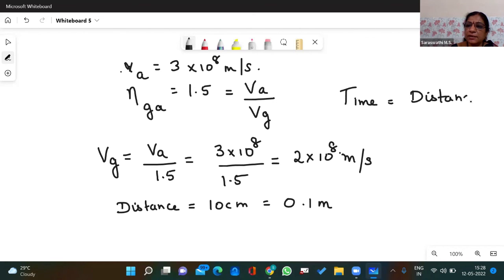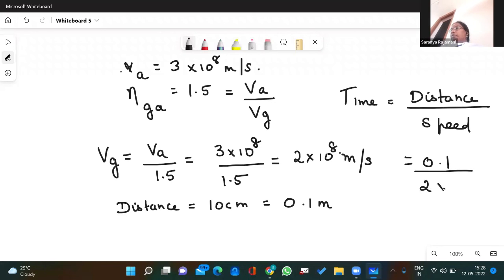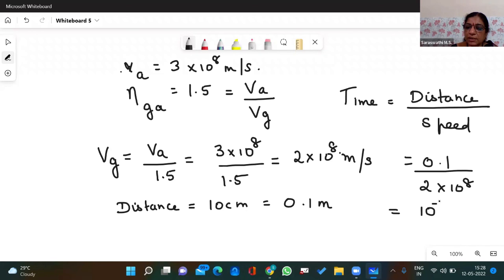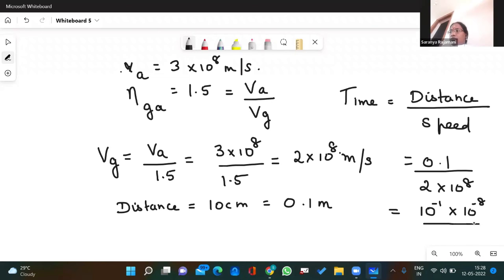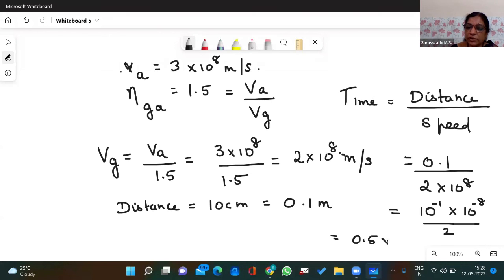The distance given here is 0.1 meter divided by 2 into 10 to the power 8. So what will be the time? I can write this as 10 to the power minus 1. This 10 goes down, it will become 10 to the power minus 8 by 2, right? So it will be 0.5 into 10 to the power minus 9 seconds. Clear?